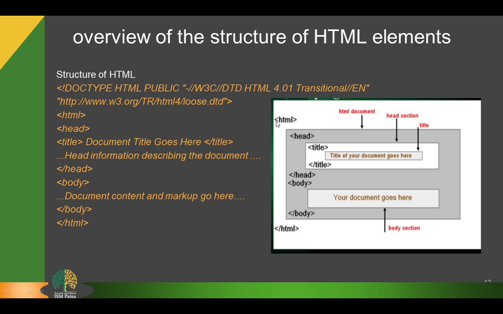Whenever we start the HTML tag, it shows that we are starting the HTML document. And inside the HTML tag, we have the head tag. Head tag has title. The content we write inside the title tag will appear on your URL.